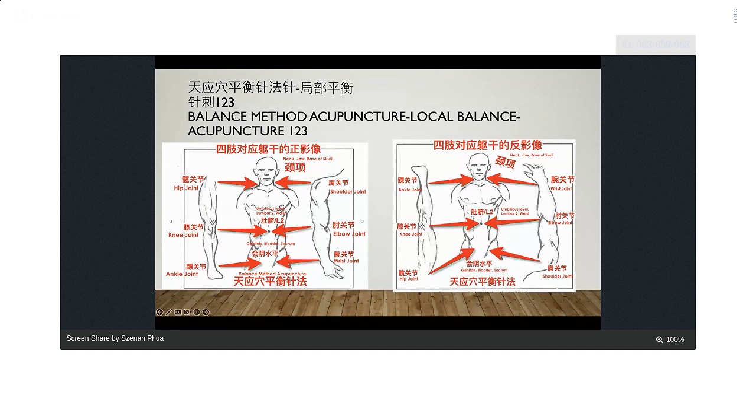Then the thigh and the upper arm can treat anything from belly button to the neck, which is just chest and upper abdominal.